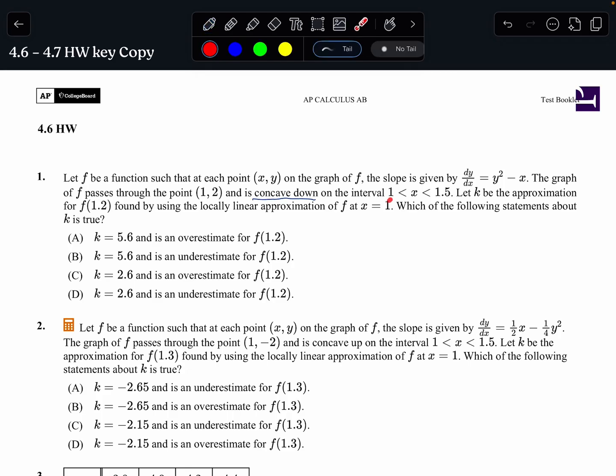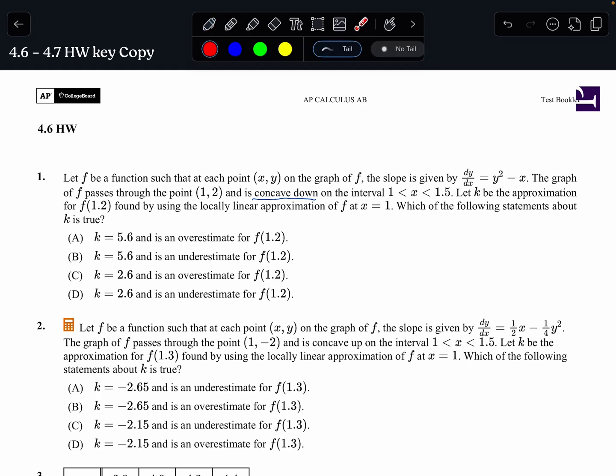On the interval from 1 to 1.5, let k be an approximation for f of 1.2, found by using local linear approximation of f at x equals 1. Which of the following statements about k is true?